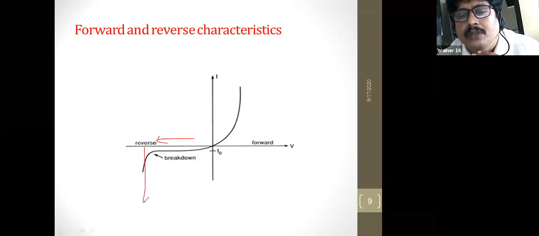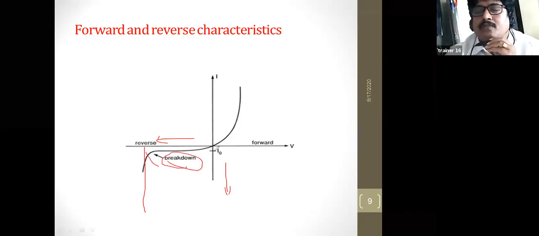That means the current is increasing while the voltage stays constant. This breakdown we can call a Zener breakdown. That means at one particular constant voltage, the current is increasing continuously.